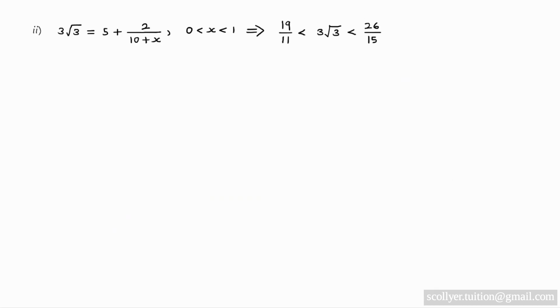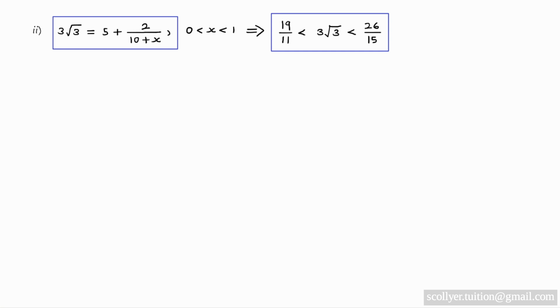For part 2, we have to show that the inequalities here follow from the fact that 3 root 3 equals 5 plus 2 over 10 plus x, and from the fact that x lies between 0 and 1. And to do that, we take the two inequalities implied by this expression and use them to construct this expression in two different ways.